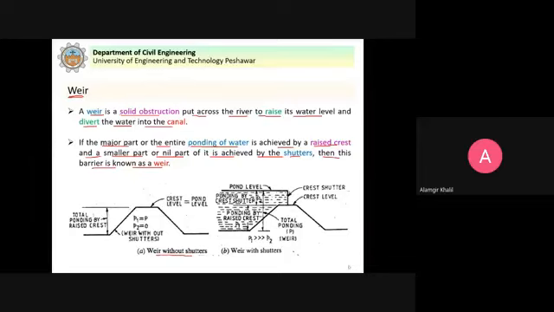Shutters mean gates, small gates that are provided on the crest top of the weir. So this is a solid obstruction. We will study it in detail. It can be made of concrete or masonry. You can see here that in a weir without shutters, the total ponding is by a raised crest. This weir is put across the river and it raises the water level upstream.